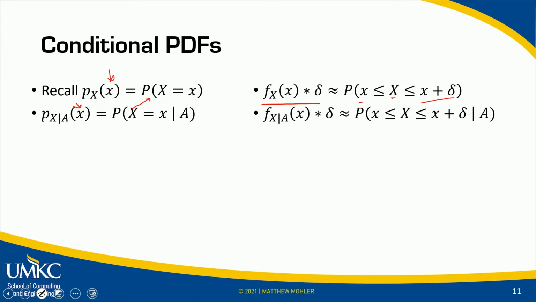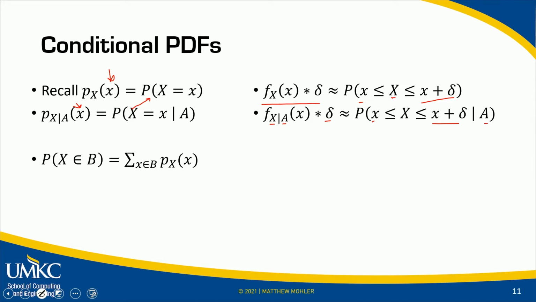We say that the probability density function of some random variable x when conditioned on A, again, we're doing this multiplied by delta, so we get an area, is approximately equal to the probability that the random variable x is between x and x plus delta when it's conditioned on A.